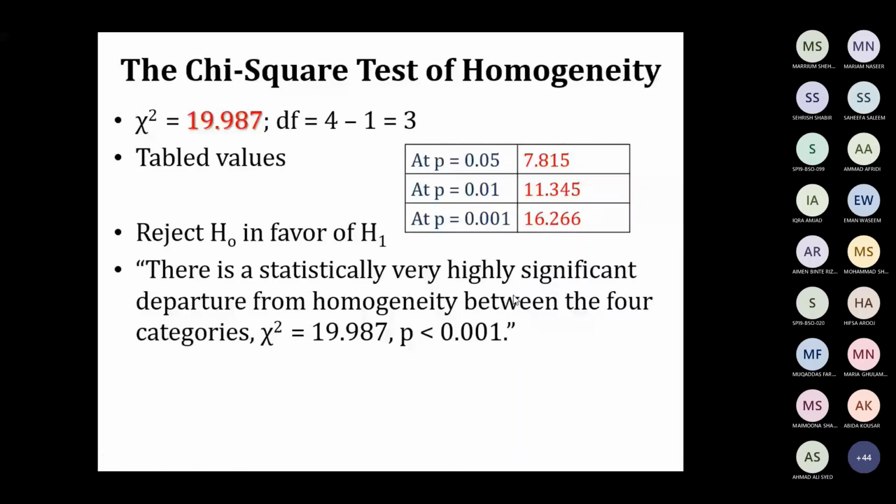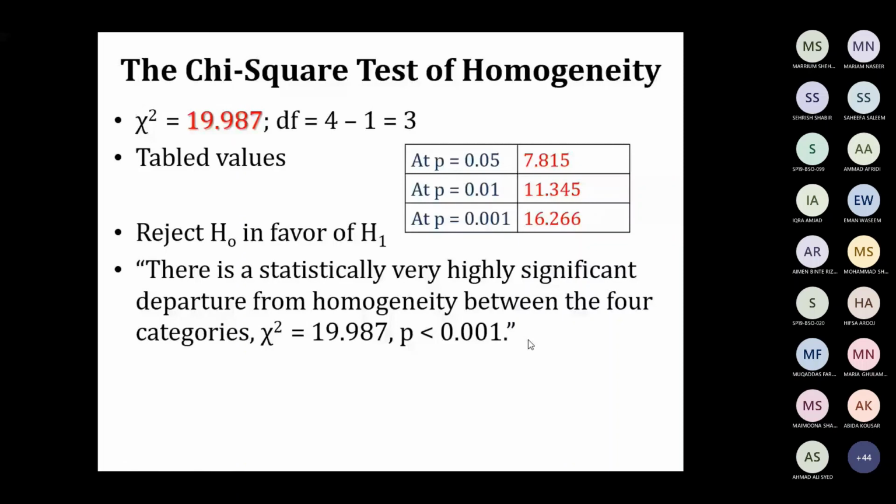Yes, you can say that there is a very highly significant difference between the observed frequencies and the expected frequencies for homogeneous distribution. Or you can say that the observed frequencies very highly significantly differ from homogeneity.